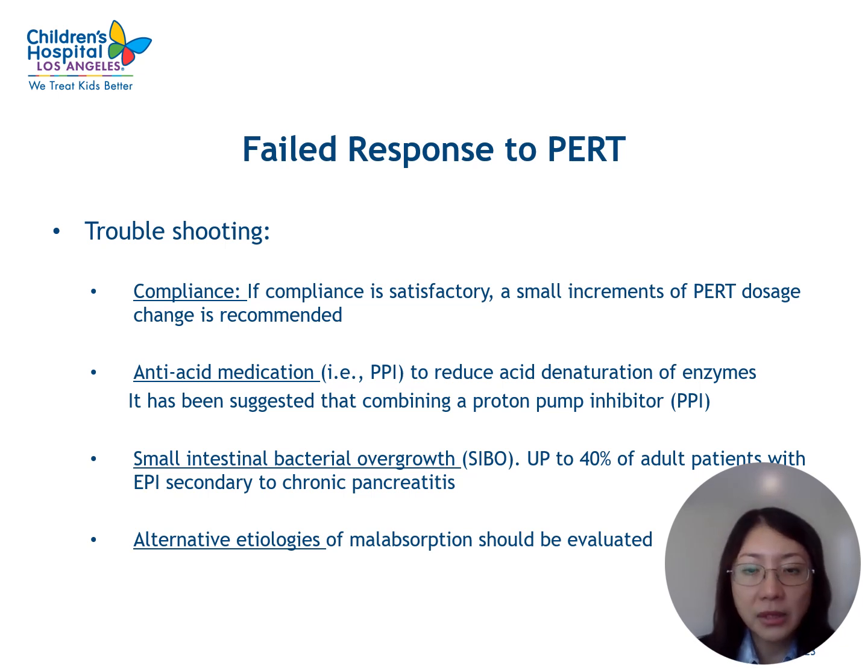And for those patients, they can have other etiologies for malabsorption or malnutrition, so you also need to screen for alternative etiologies, for example, SIBO in chronic pancreatitis patients, and check if there's anything else going on at the same time.